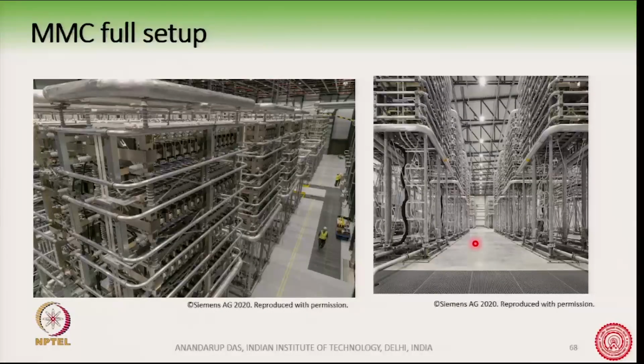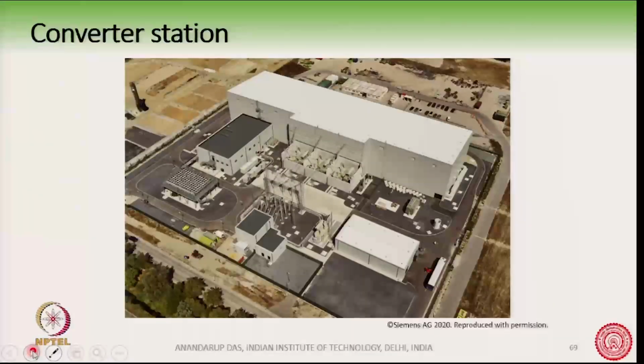So, this is one picture of the inside of the converter station, and this is the picture of the full converter station from the outside. The size of this place can be understood by observing the size of the cars here.